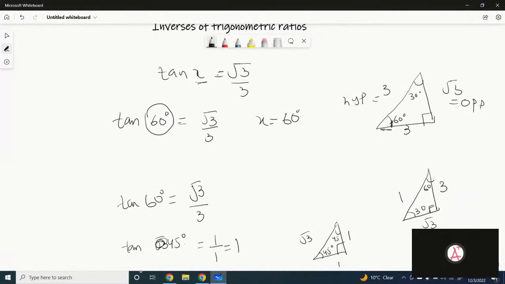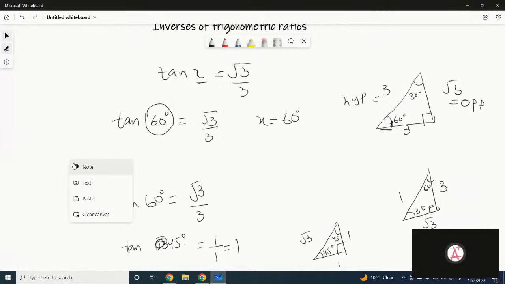That means 1. So square root 3 over 3 is the value for x equals 30 degrees. Got it?